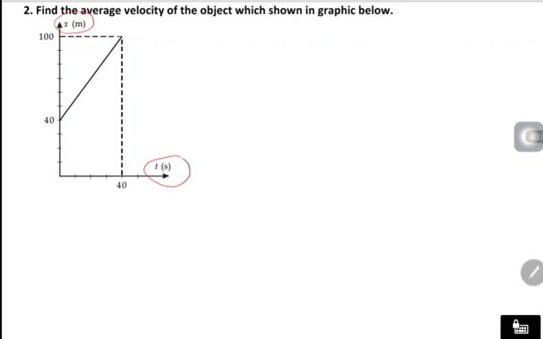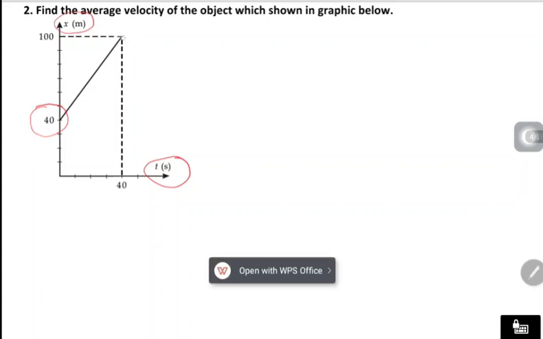The unit is second. We see the initial point of the object before it moves is at the point 40. Then the final point has the position at point 100.